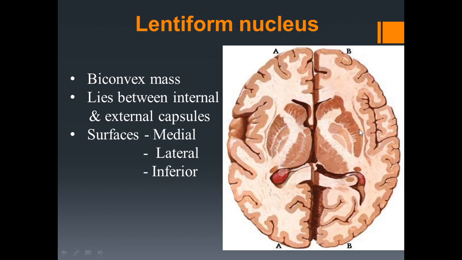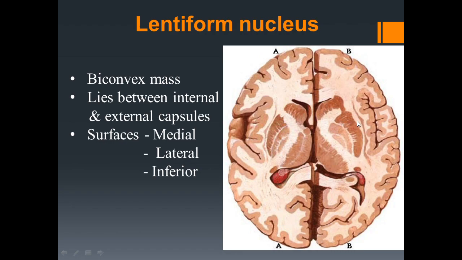So the lentiform nucleus is a biconvex mass of grey matter. It lies between the internal capsule and external capsule. So lateral to the lentiform nucleus, there is again a thin band of white fibers.